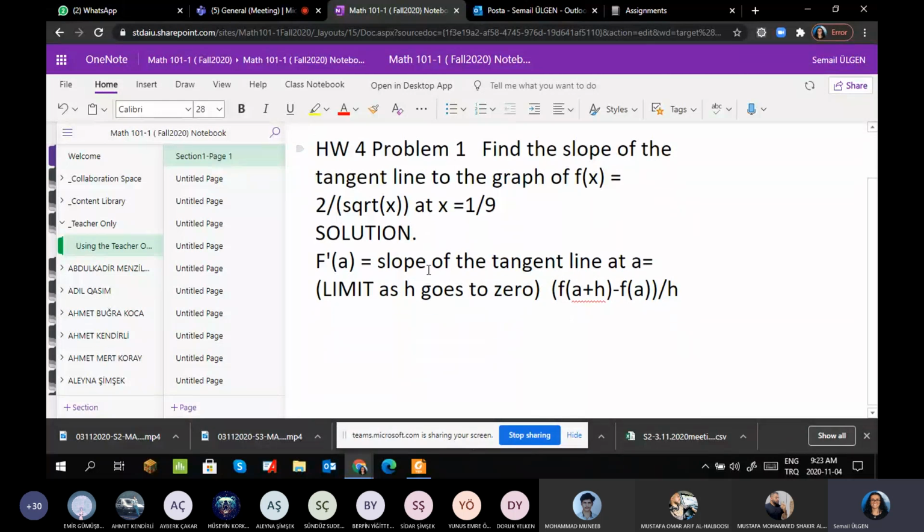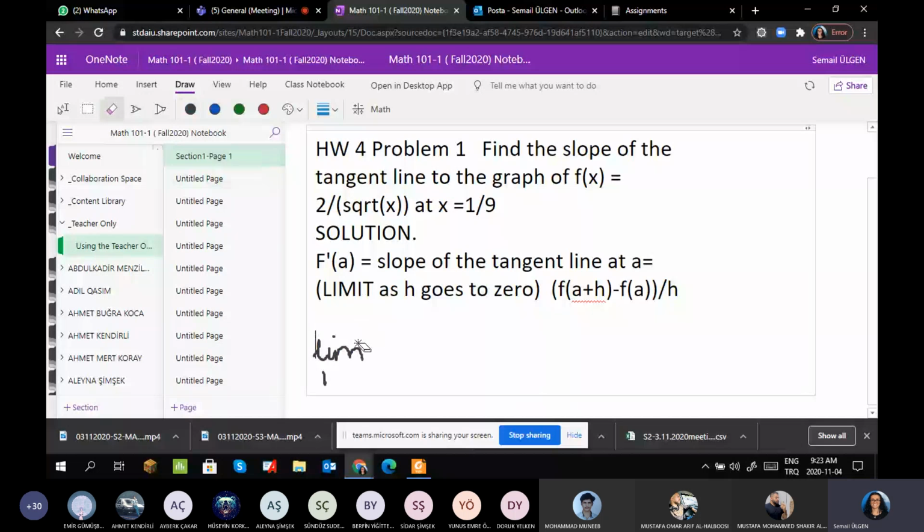All right, so that's what we are going to do in this question too. So I'm going to write it down. Okay, so the way you're going to do it, you're going to write the limit as h. Maybe I should start with the derivative thing. Okay, now from now on, you understand that the derivative at 1/9 is the same as the slope.